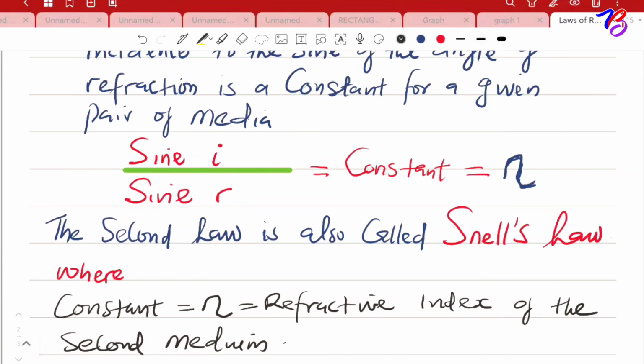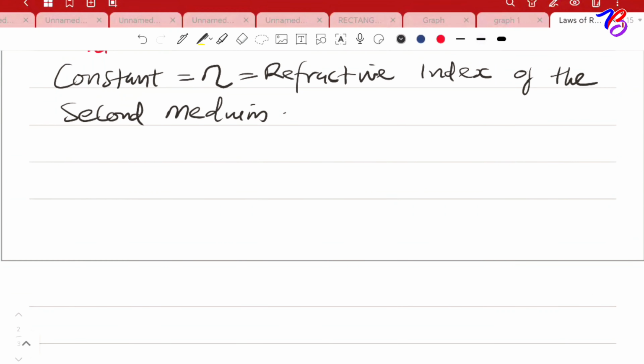Now, recall that it has to be one medium to another. So, there is no medium that will act in isolation. Refraction depends on two media. It has to be either air and glass, or glass and air, or even air and water, or glass and water.